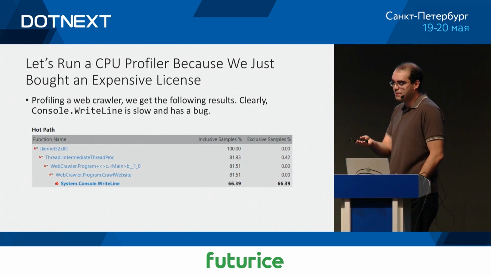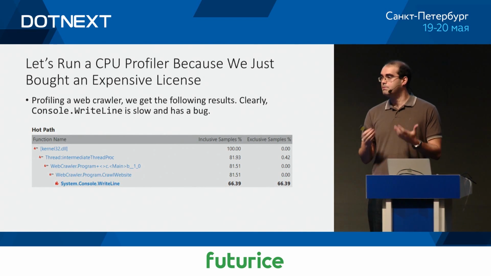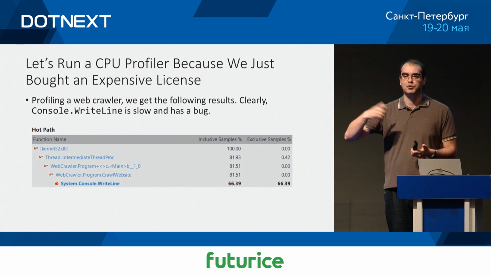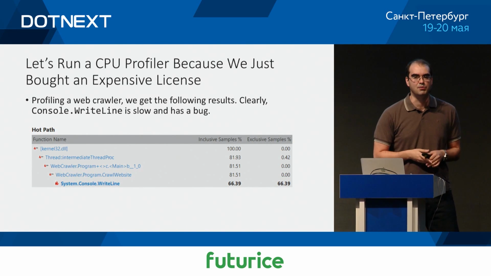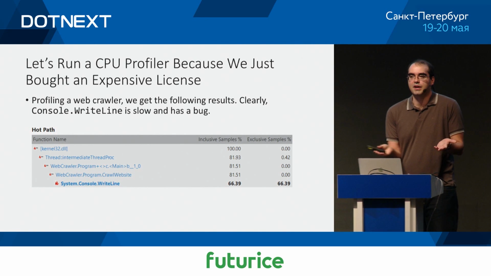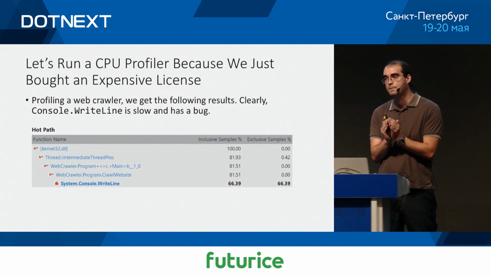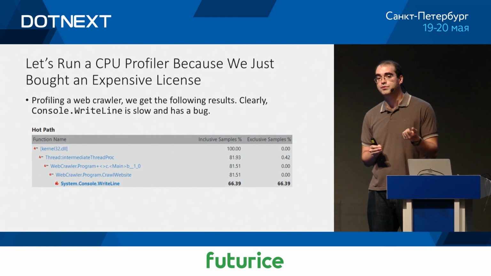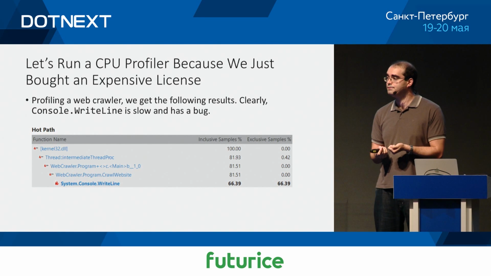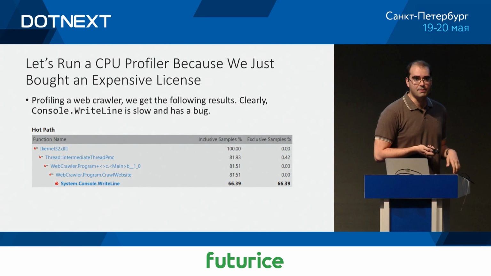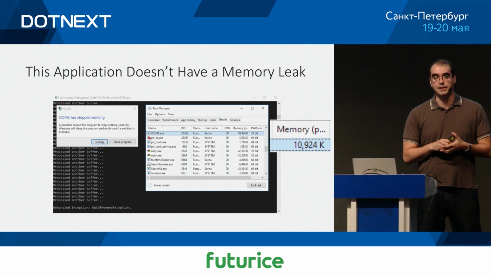And if you think about it for a moment, then the web crawler probably is just waiting for network data to come in. It's not actually very CPU bound, but we don't know that. We just run a CPU profiler that only looks at CPU usage. So this is a classic example of using the wrong tool for the job just because that's a tool you have available.